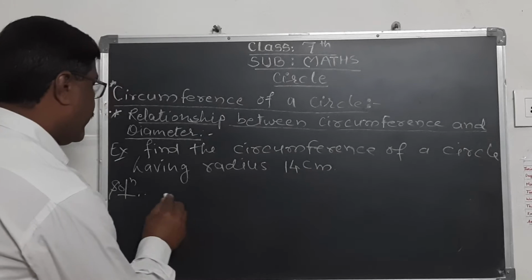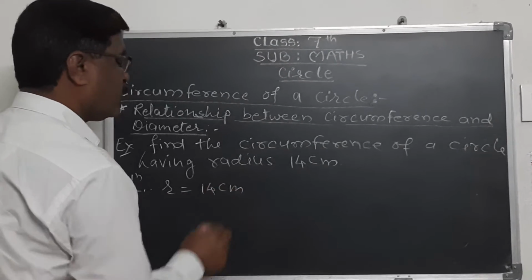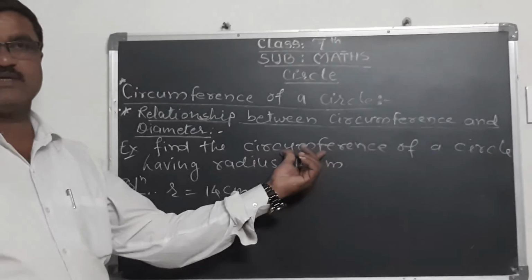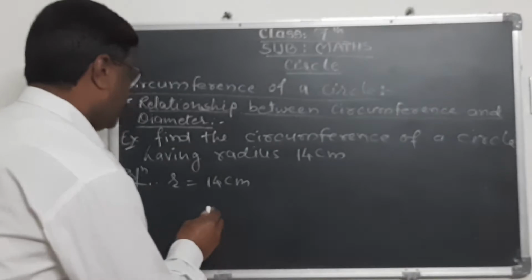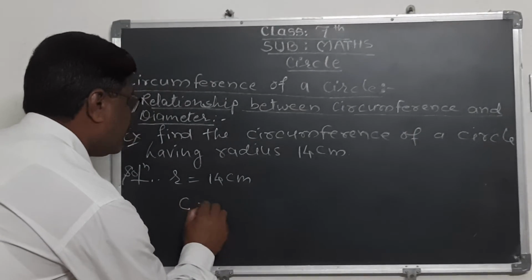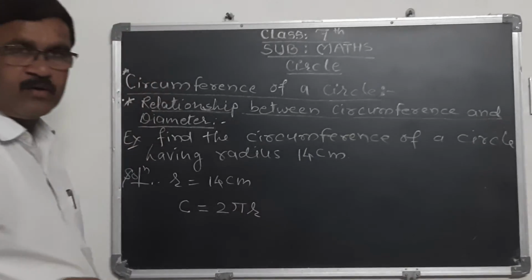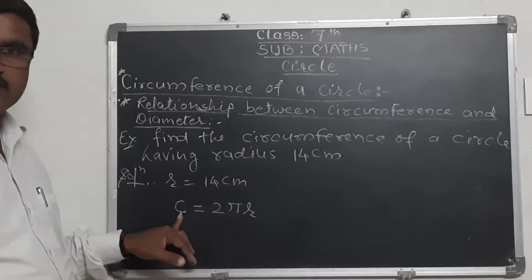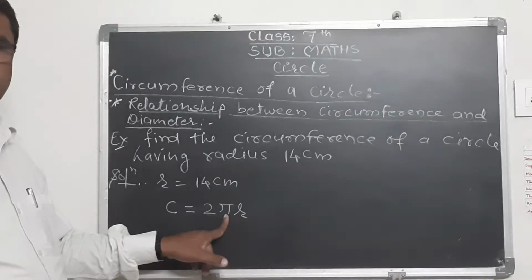We are given radius is equal to 14 centimeter, and we have to calculate the circumference. We need the formula of circumference, which is C is equal to 2 pi r. C stands for circumference, r stands for radius, and pi is a constant.